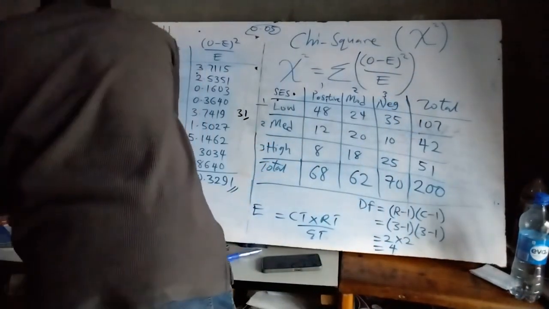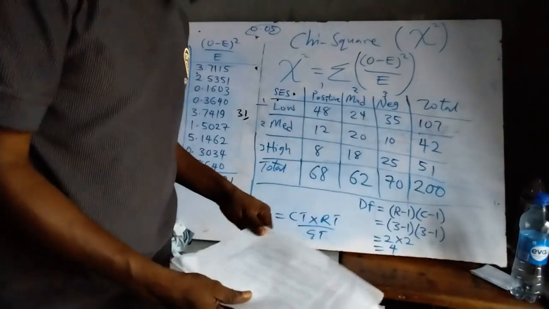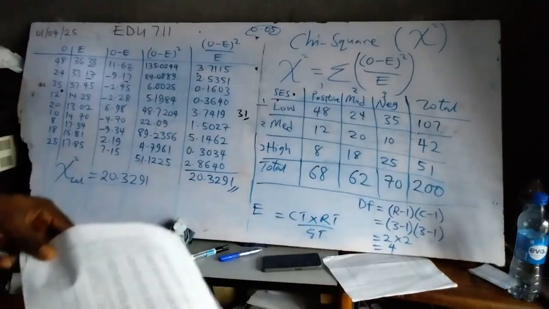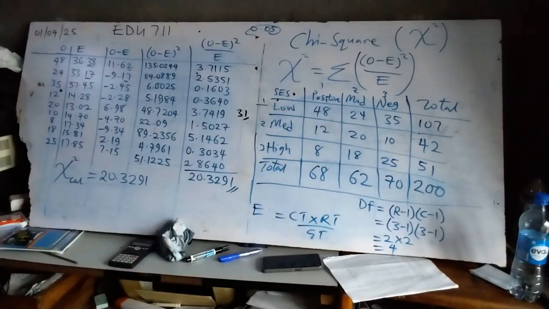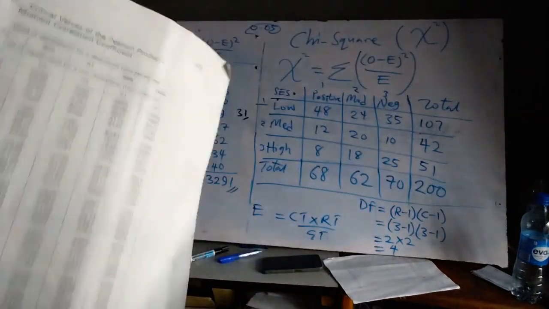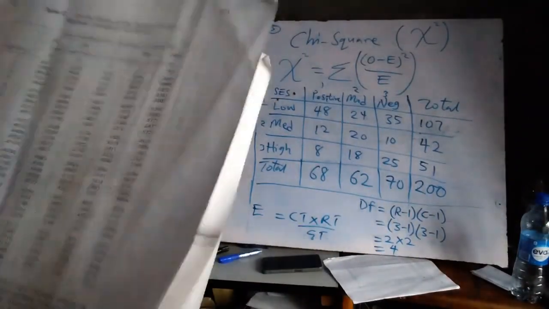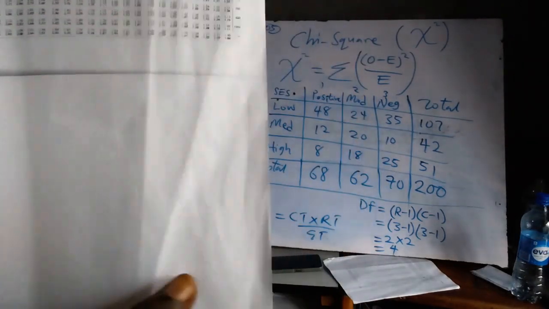So let's go to our table to check for chi-square value. This is Pearson. This is not chi-square.